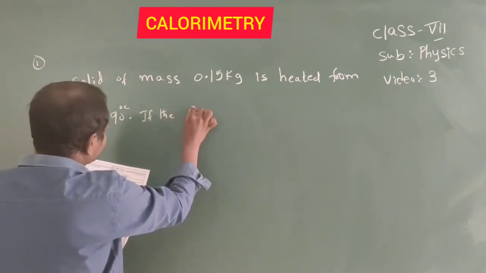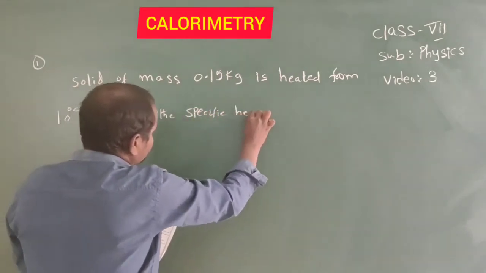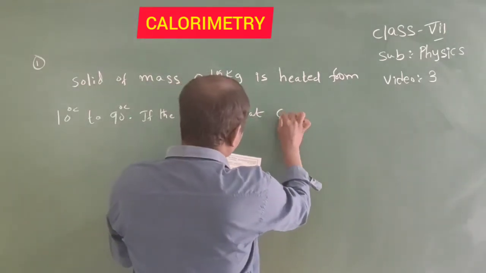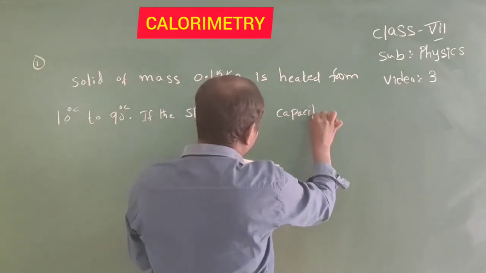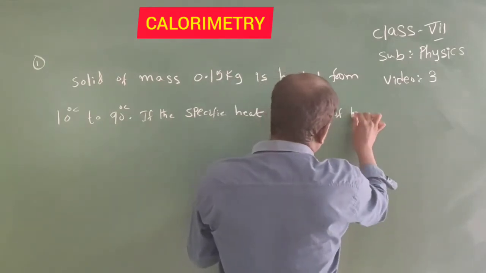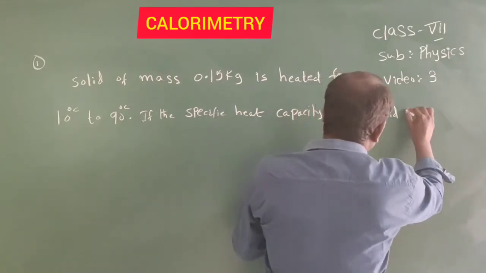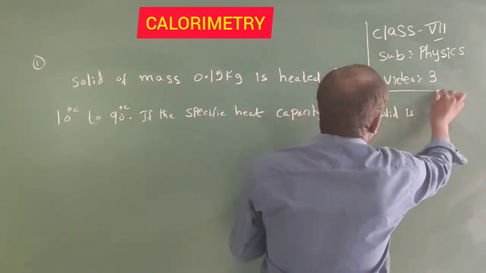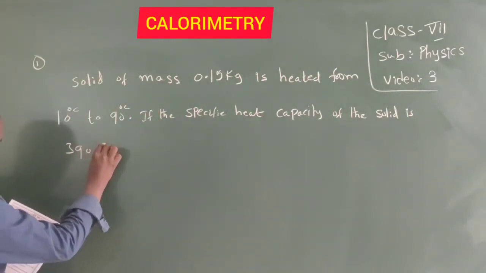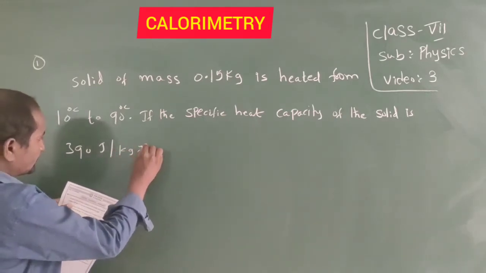If the specific heat capacity of the solid is 390 joule per kg Celsius.